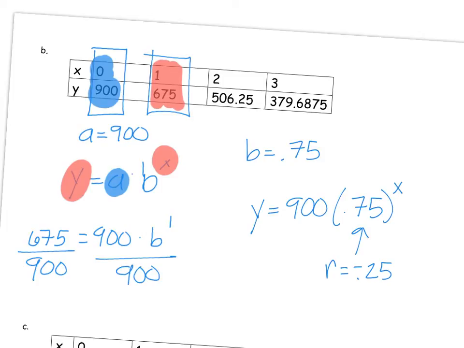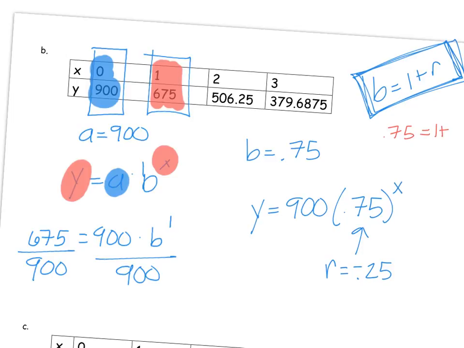So the little equation, b equals 1 plus r. If you are having trouble understanding that, you do 1 plus r equals b. So let me do a different color. 0.75 equals 1 plus r.